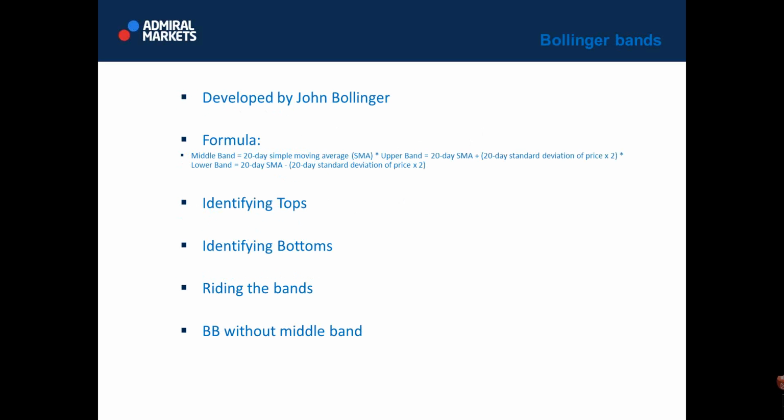Bollinger Bands are used for trend trading, and the most obvious use is counter-trend trading, because those lines can identify tops and bottoms very precisely, especially when you're doing confluence with other indicators such as pivot points or important support and resistance lines.